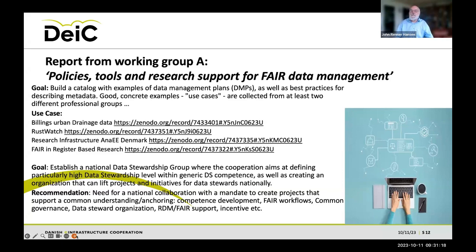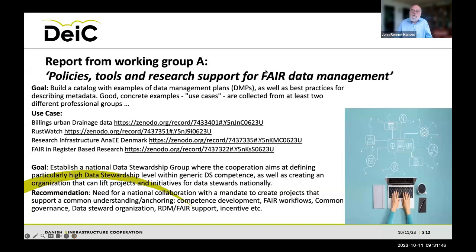The first thing they were setting up was that we want to have examples, very good use cases. And they have, in fact, made a list of, for instance, 4 use cases, which you can find at Zenodo, which cover water research, plant diseases, infrastructure, one of the ISFRI projects, and then FAIR for register-based research.